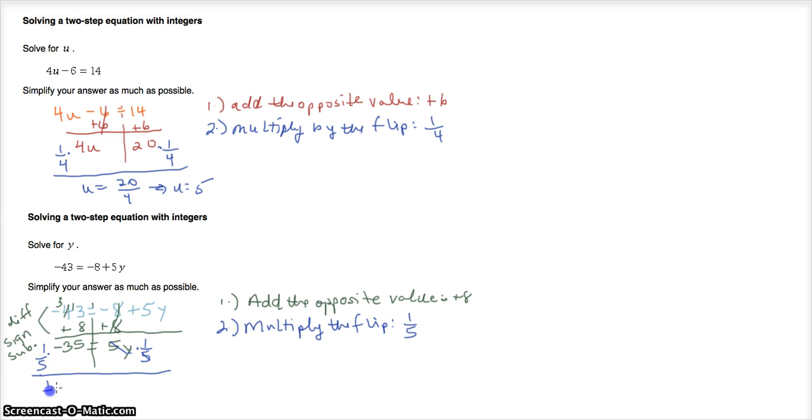We will get 1/5 times negative 35 equals 5y, equals y. And that gives us negative 35 over 5 equals y. So y equals negative 7.